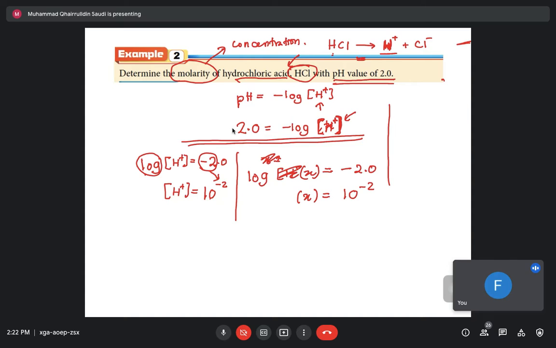So awak tekan kalkulator saja 10 kuasa negatif 2, kita akan dapat the concentration of hydrogen ion is 0.01 mol per dm3. So disebabkan kita tahu concentration of hydrogen ions is equal to the concentration of hydrochloric acid. So the concentration of hydrochloric acid is 0.01 mol per dm3.